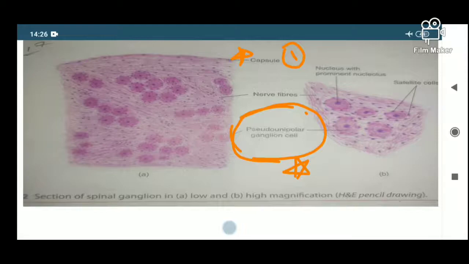That is your first point. And the second point is each ganglion is an aggregation, meaning a group of cell bodies of pseudo unipolar neurons. So the group of pseudo unipolar neurons are present in each ganglion.